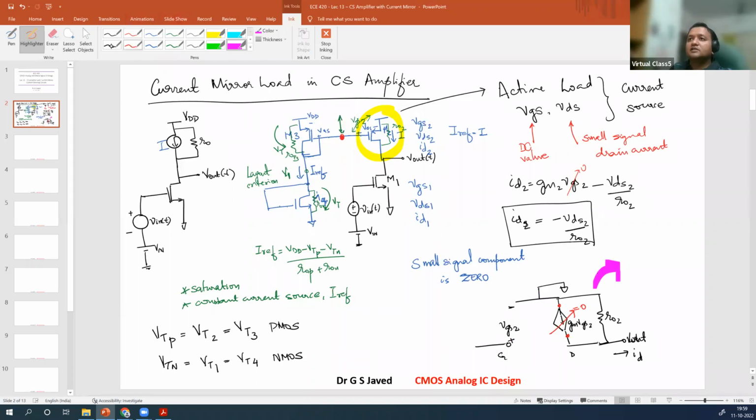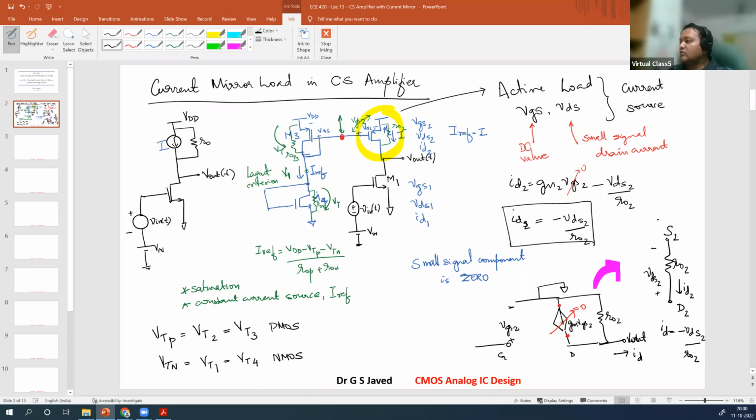So effectively, this circuit looks like a resistor RO2, with the source here, drain here, and current ID2. What is the voltage supply? VDS2. Clear? This is VDS2 and ID2. So what is the ID2 value here? ID2 is given as minus VDS2 by RO2.